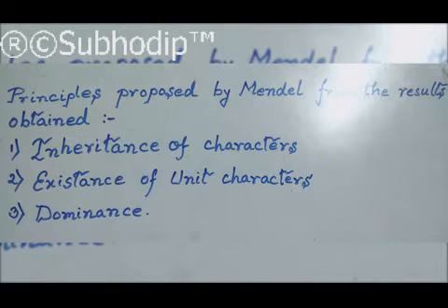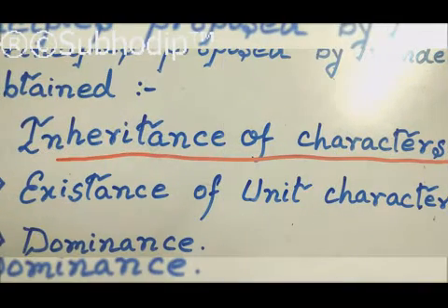The principles which were proposed by Mendel from the results he had obtained: Gregor Johann Mendel was the first to study the inheritance of characters in living organisms. He assumed that there are certain factors which act as carriers of the characters of an organism from one generation to the next.